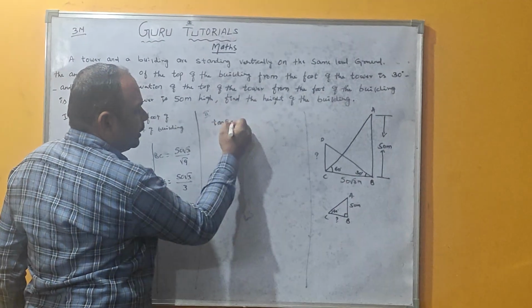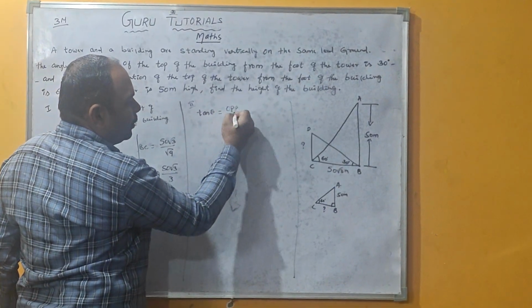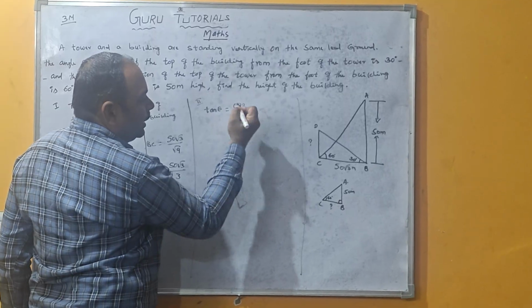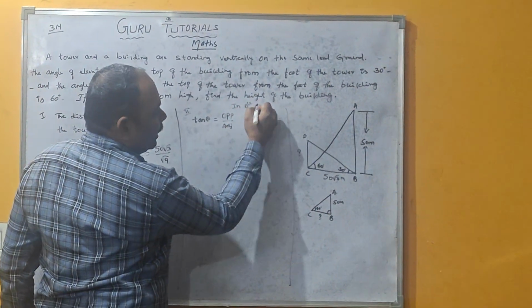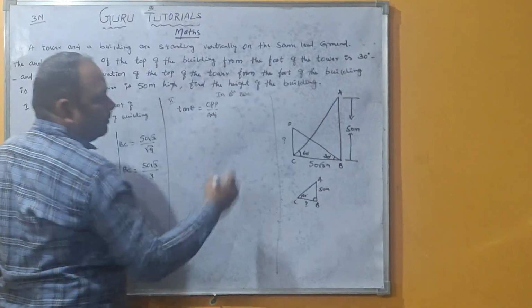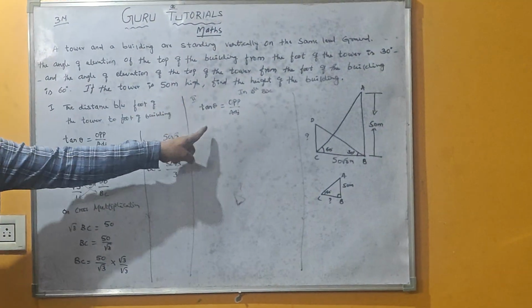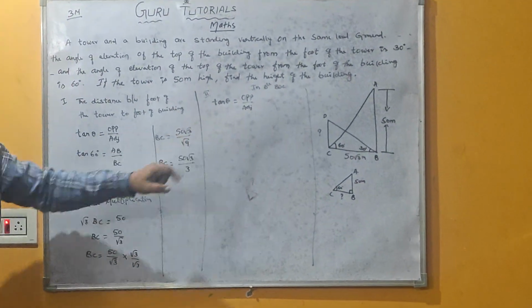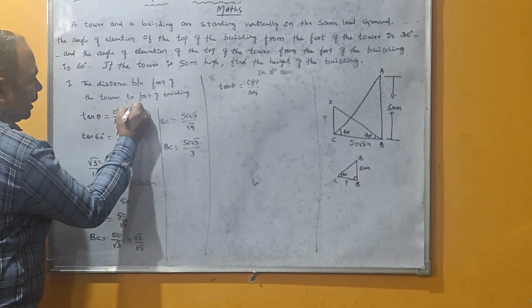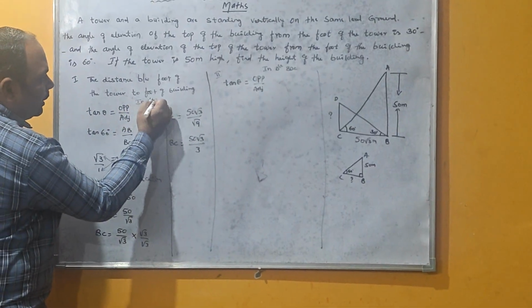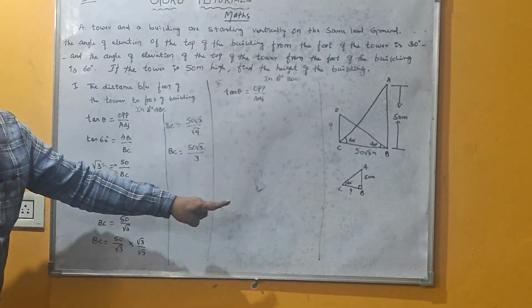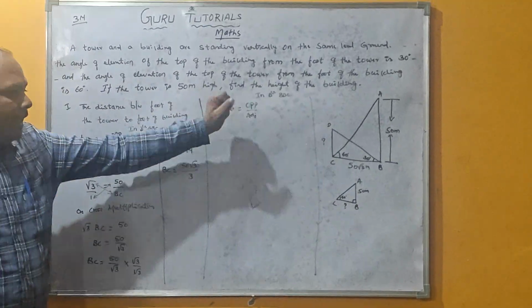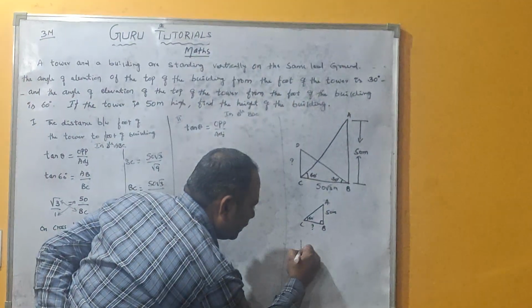Tan theta is equal to opposite by adjacent. Which triangle am I taking? In the first step I took triangle ABC. In the second step I am taking triangle BDC.